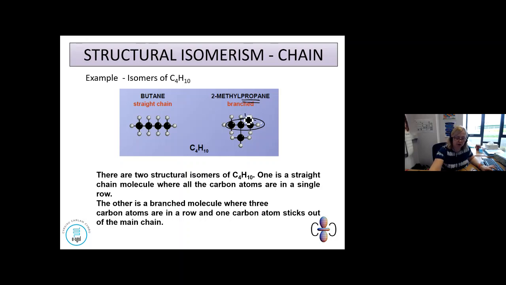And then on position number 2, you can see there, that's the second carbon of the 3 in a row, I've got another carbon coming off, which represents a methyl group. So the second isomer is called 2-methyl propane. So I always take this advice of take 4 and then take it down 1 and then take it down 1 if possible again.